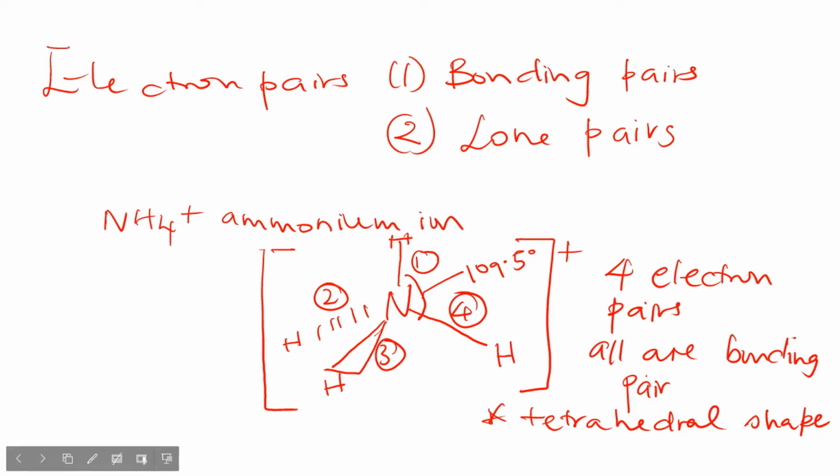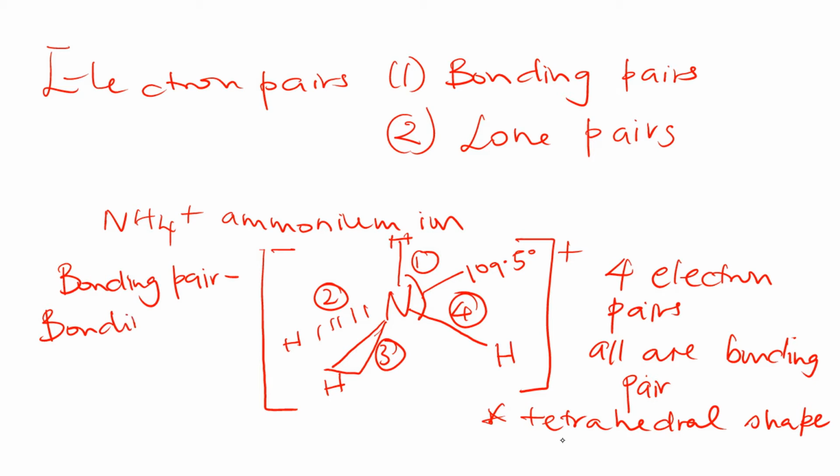What I need to highlight here is that the bonding pairs repelling each other is called bonding pair repulsion. So we just spoke about ammonium, which has 4 electron pairs, all bonding.